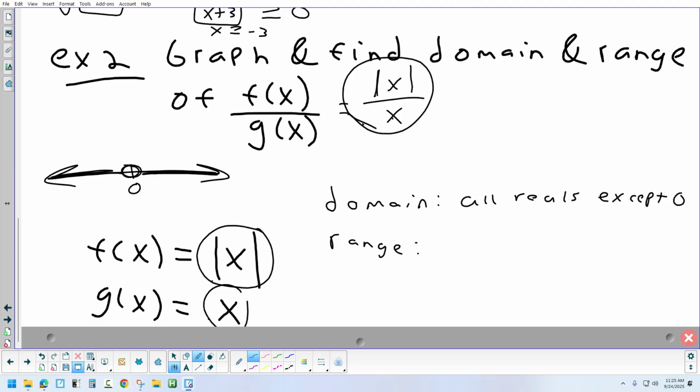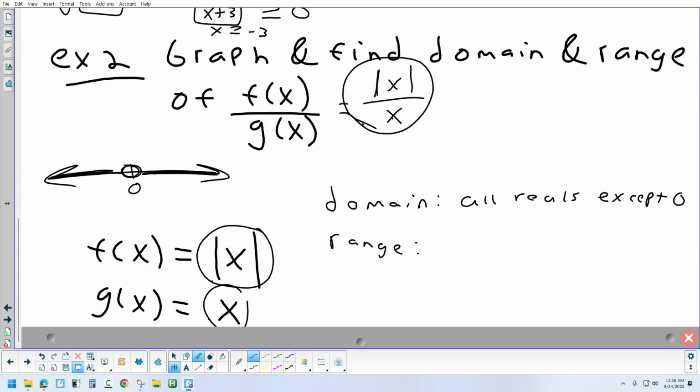What did we get when I plugged in -5 for x? Wasn't it -1? How about if I plug in -2 for x? -1. What about -10? -1. What if I plug in +10? 1. +5? 1. +2? 1.